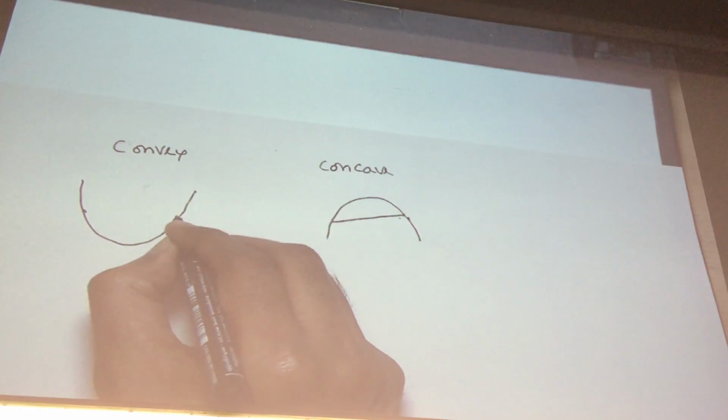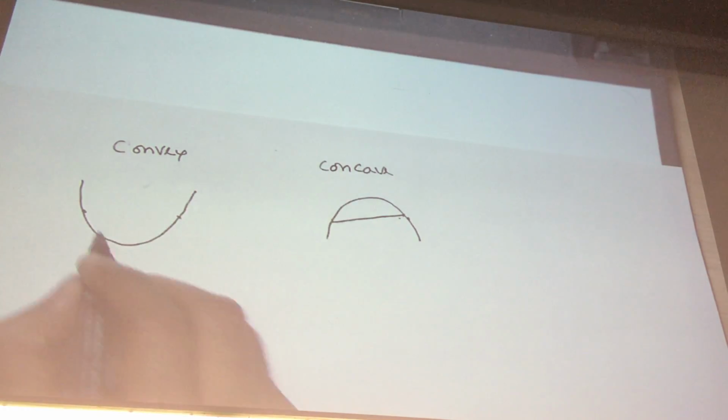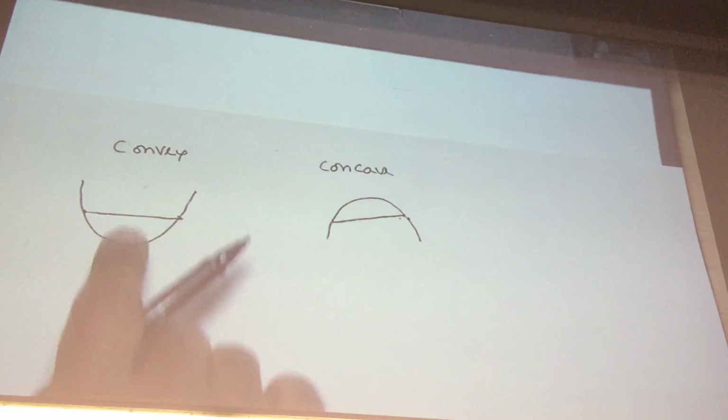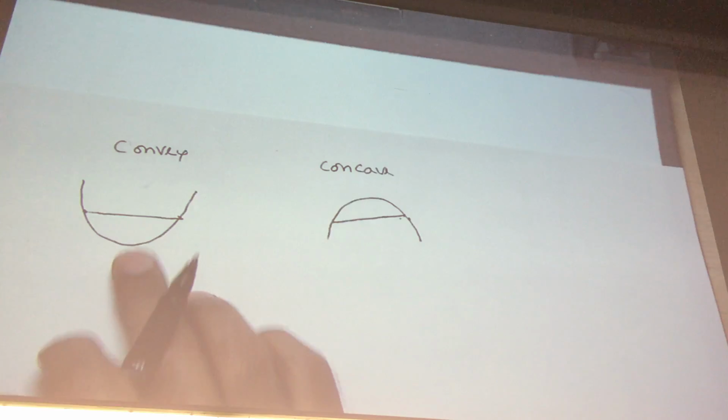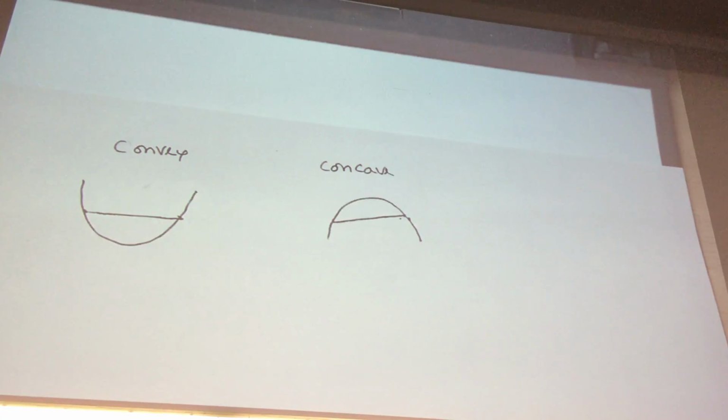Whereas in the convex case, when you connect any 2 points with a straight line, all the points on the straight line are above the graph. If that is the case, that graph is known as convex.